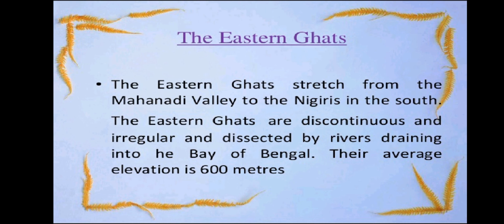The Eastern Ghats stretch from Mahanadi Valley to Nilgiris in the south. The Eastern Ghats are discontinuous, means break is there, and are irregular and are dissected by rivers draining into the Bay of Bengal. The average elevation is 600 meters.